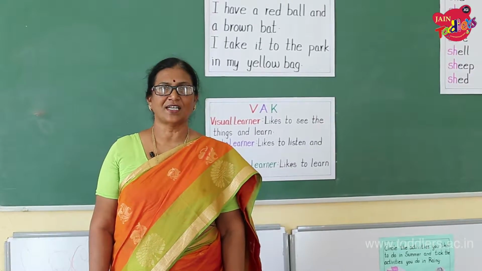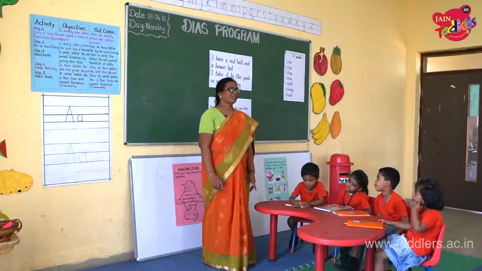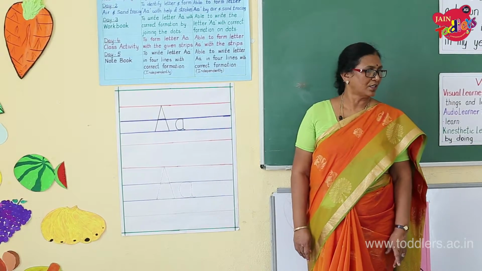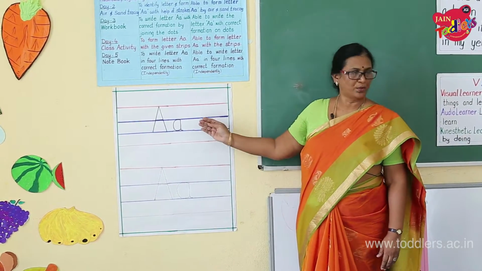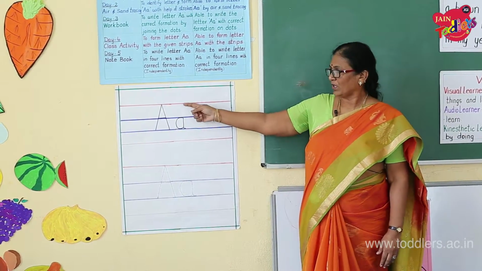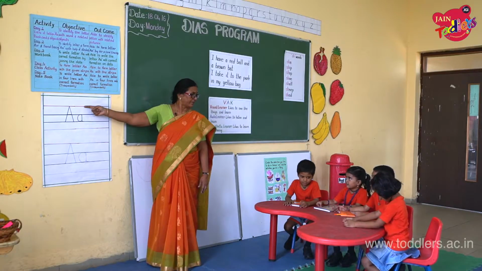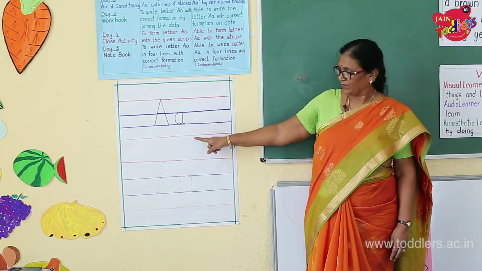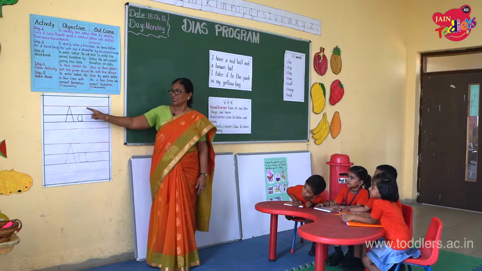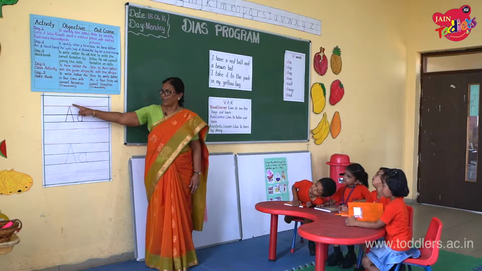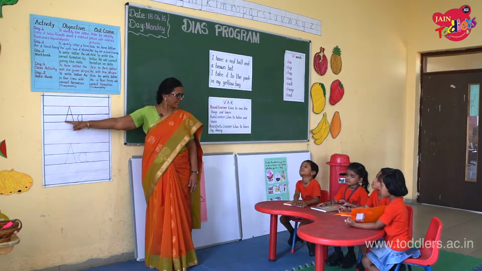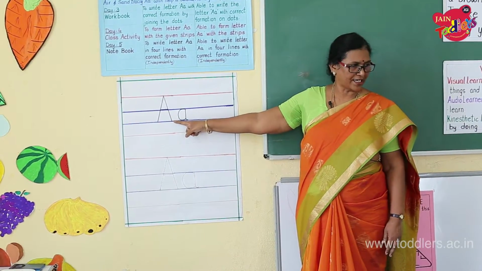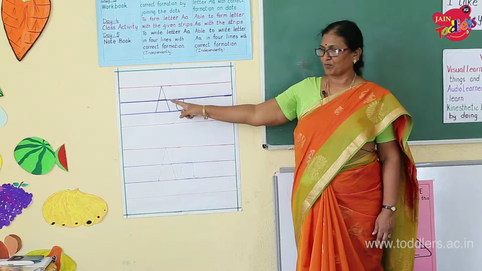Day 5, the child writes in the notebook touching the line in a correct formation letter A. Children, you are going to write in the 4-line book letter A. What line is this one? Red. What line is this? Blue. You need to start letter A, red line to blue line, left slanting line, red line to blue line, right slanting line, and a sleeping line.